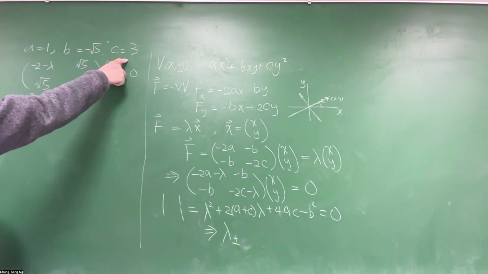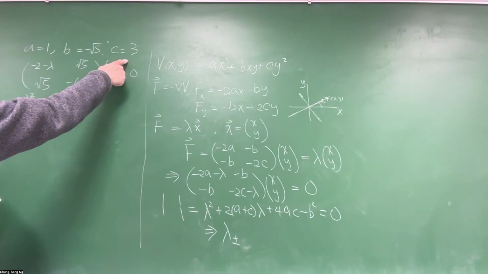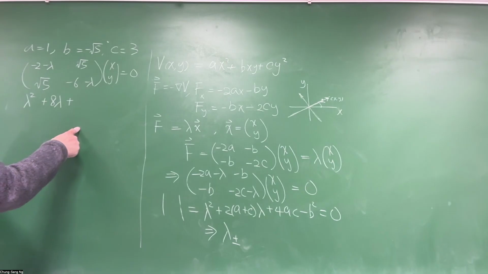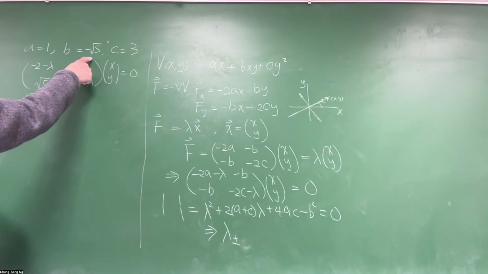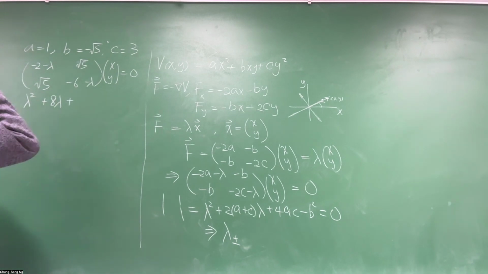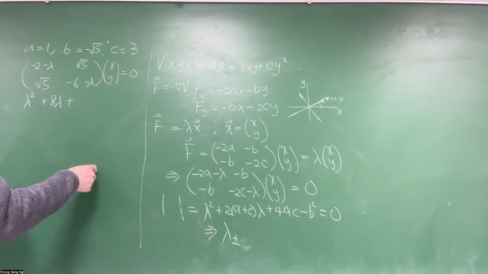A times c is 3, so 4ac is 12, and then b squared is 5, right? 12 minus 5 is 7.